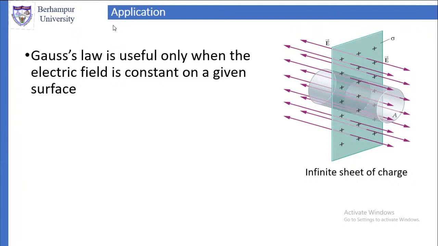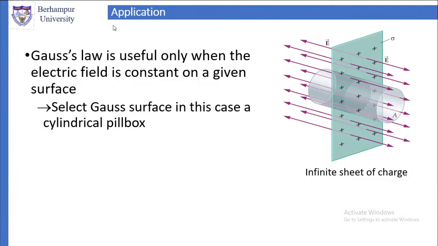Remember this thing, the Gauss law is valid everywhere, but it is useful only when the electric field is constant on a given surface. Then we can use the Gauss law properly.